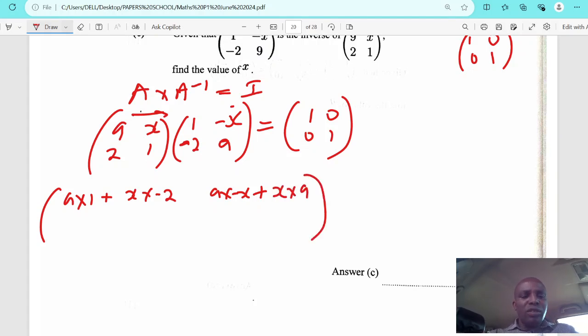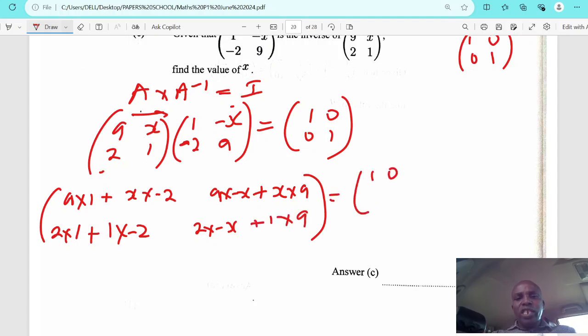Then down here, the second row times the first column: 2 times 1, plus 1 times minus 2. Then next, 2 times minus x, second row and second column, plus 1 times 9, is equal to 1, 0, 0, 1.